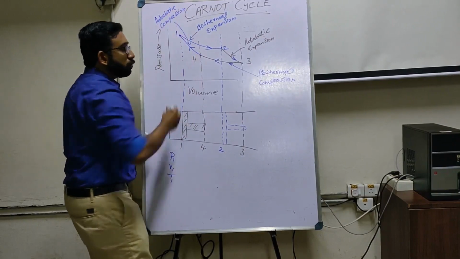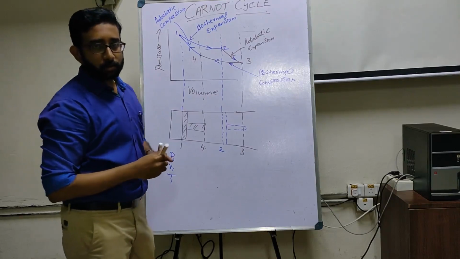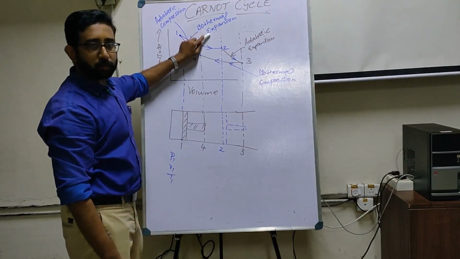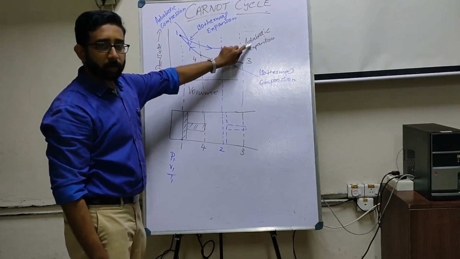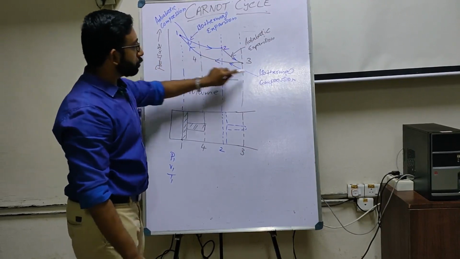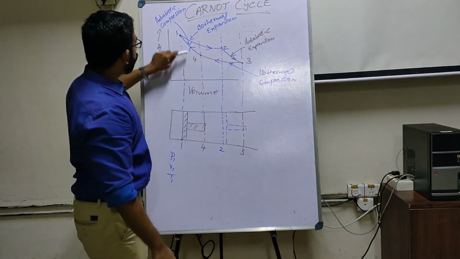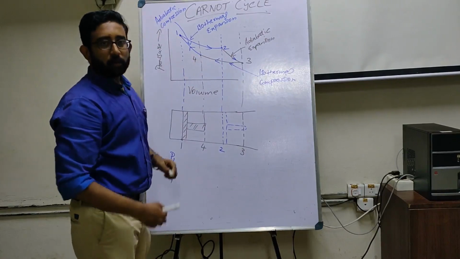So these are the 4 processes in a Carnot cycle. That is, 1 to 2 is an isothermal expansion process, 2 to 3 is adiabatic expansion, 3 to 4 is isothermal compression, and 4 to 1 is adiabatic compression process.